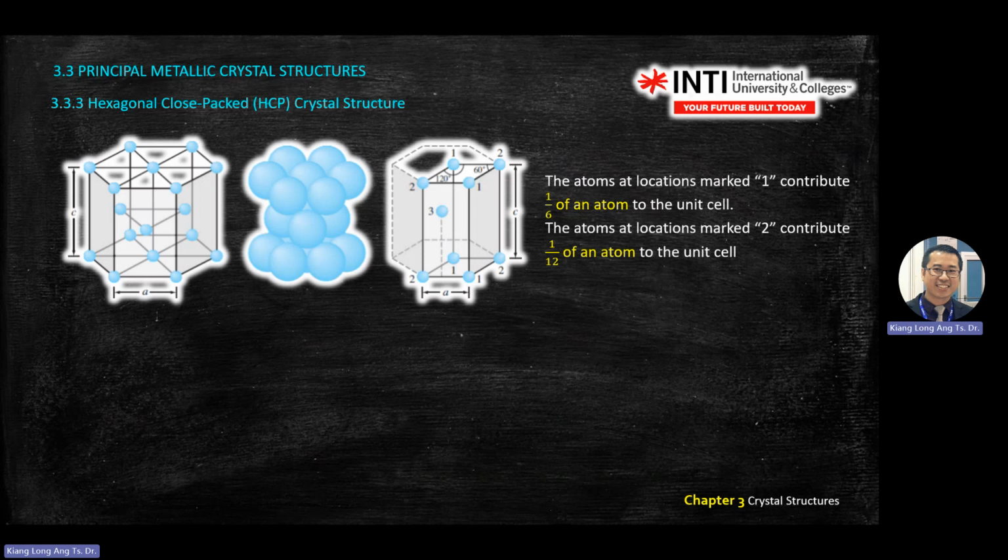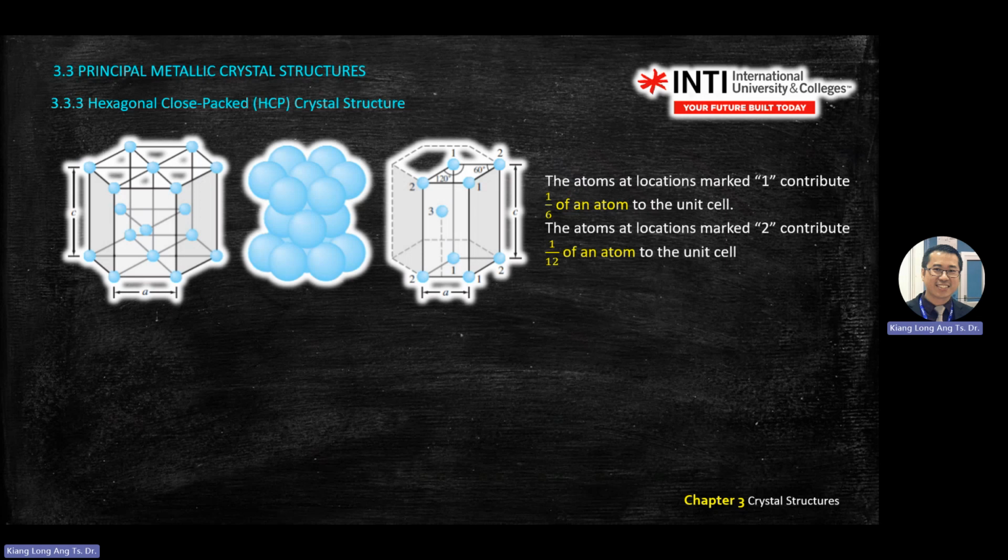So each of this corner will mix with another hexagon. So you have 1/6 atom for number 1. This also same. Like you example this one, you break into 6. So in the middle one you have 6, 1/6. So this one is 1, this is 1.